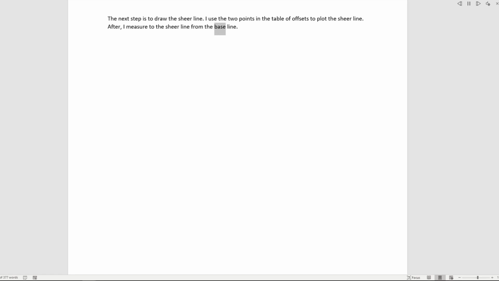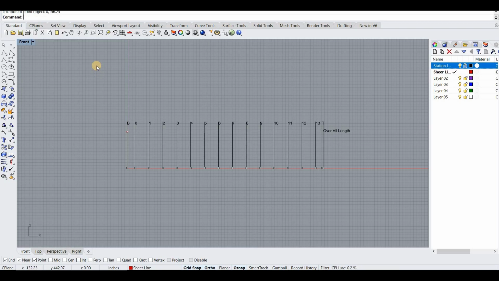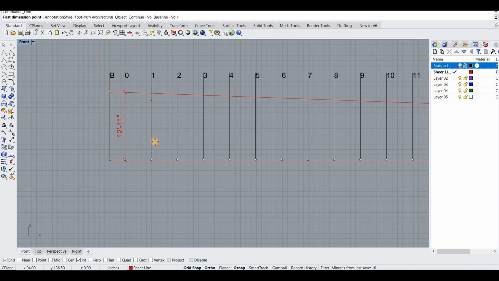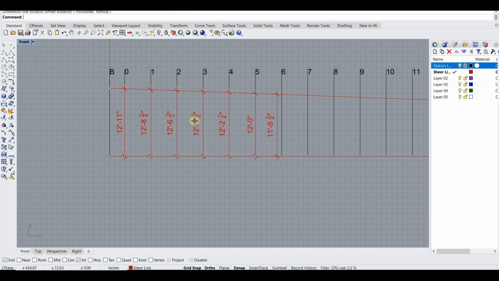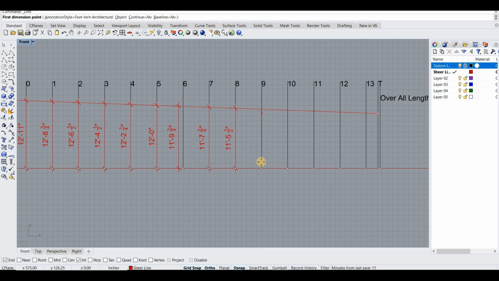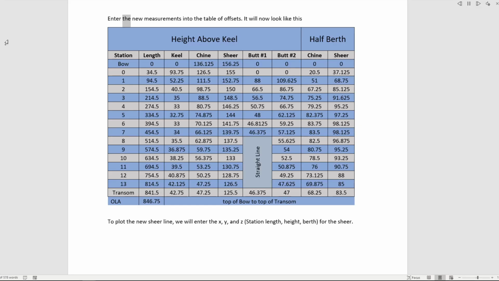After, I measure to the shear line from the base line. Measurements into the table of offsets. It will now look like this.